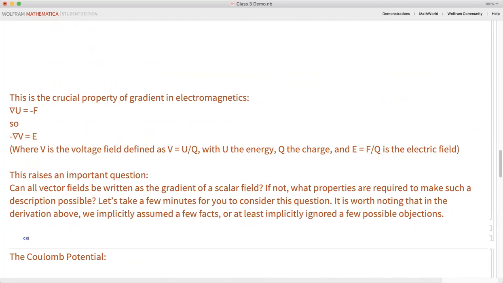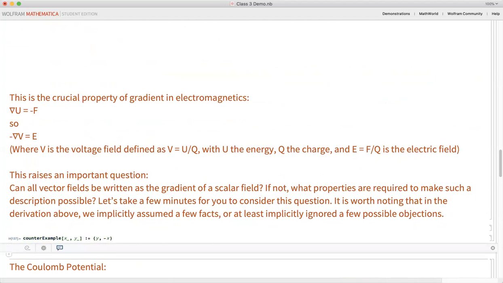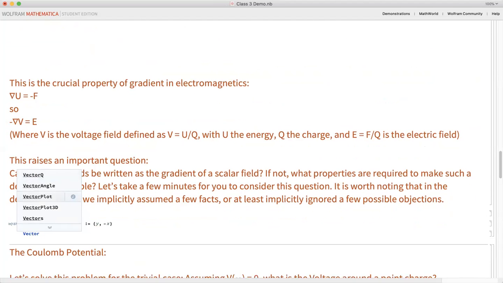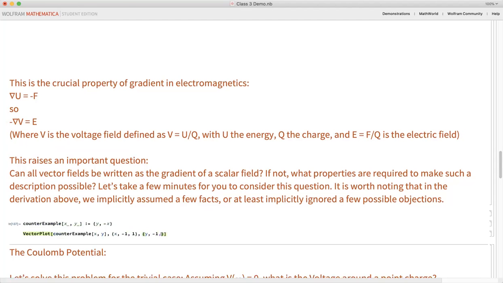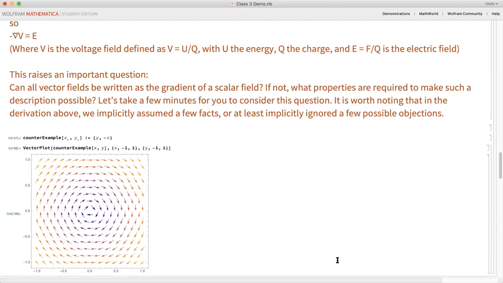But like, if we defined some function and then do a vector plot, a counterexample, something like that.